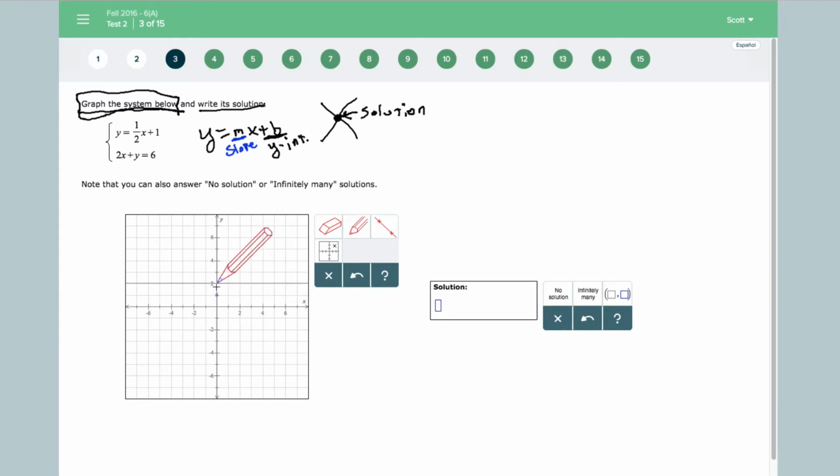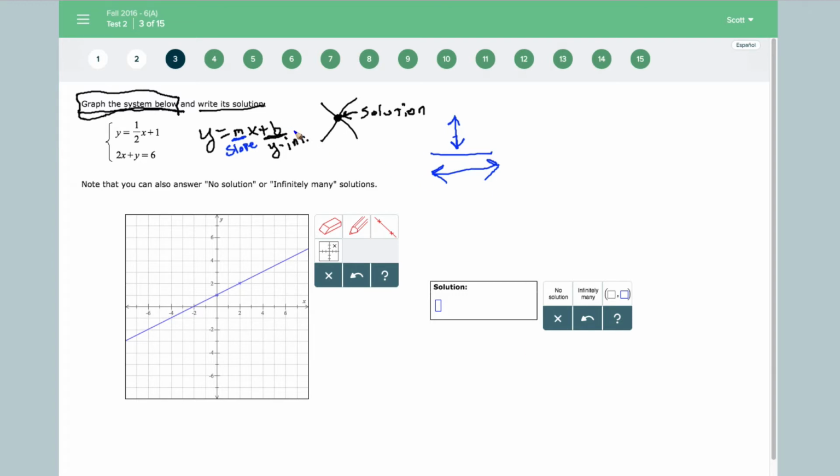So from here, up 1 over 2, and put another point. And we see that's now our first line. Just like that. Try to remember that slope is always how far up or down I go over how far right or left I go.